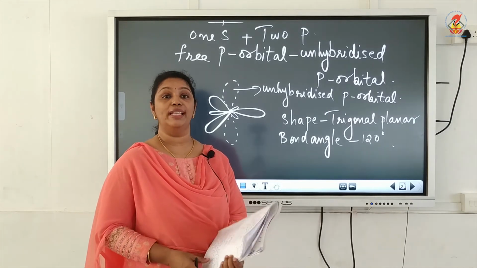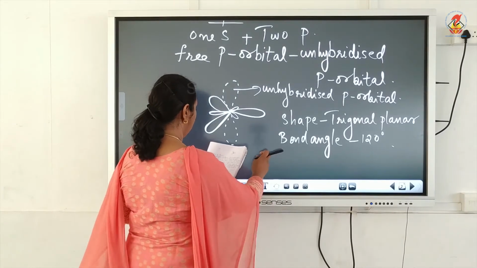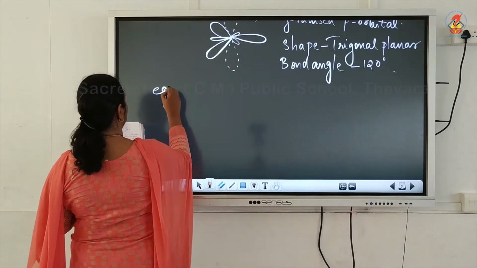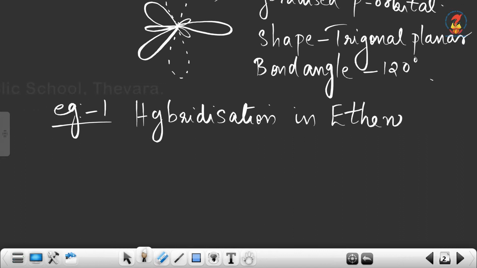Now let us see two examples for Sp2 hybridization. The first example is hybridization in ethene.